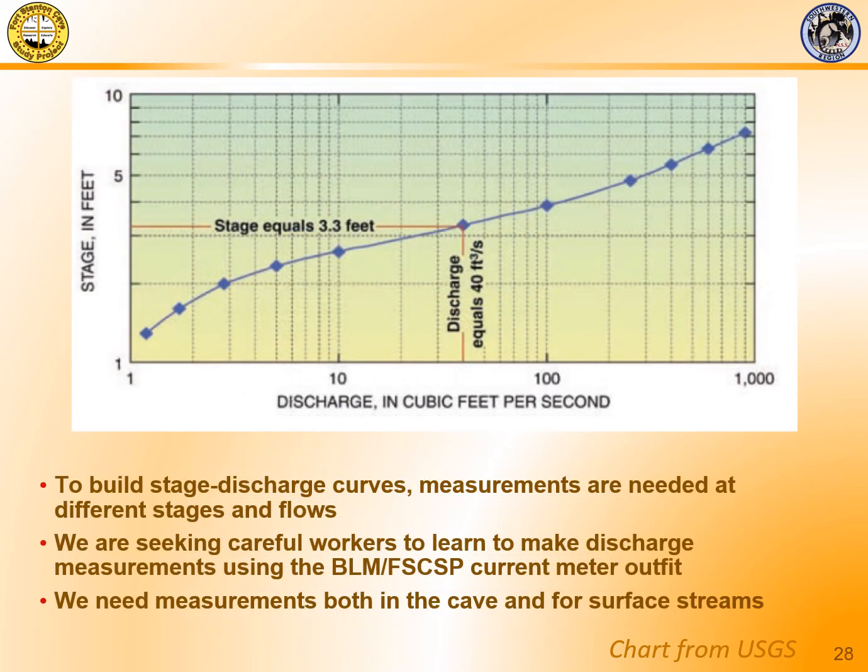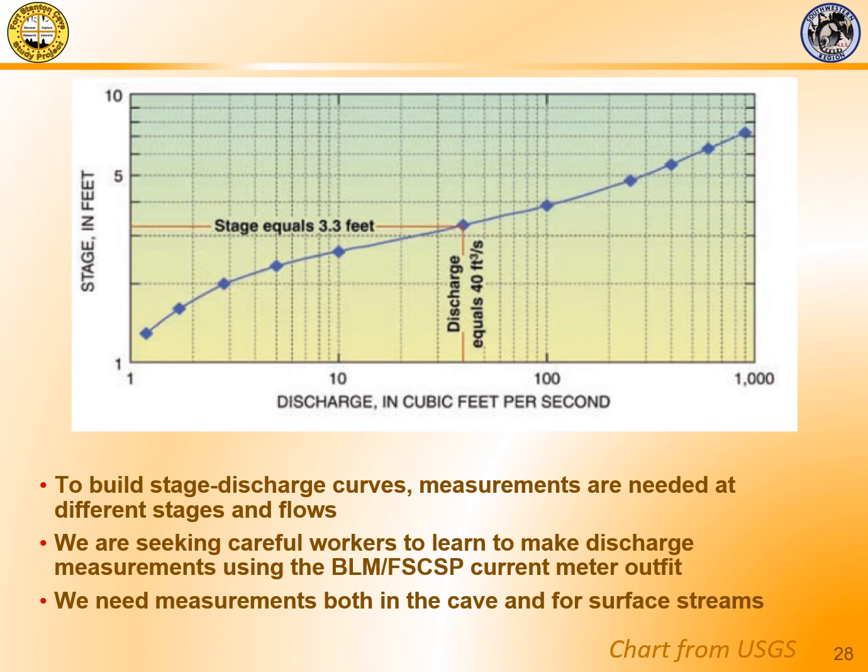So in conclusion, to build stage discharge curves, which can be used to take stage-only data and make discharge data, we need measurements at different stages and flows. It's not useful if you keep going back and making a discharge measurement at the same stage all the time. You need discharge measurements at different stages so you can build the stage discharge curve.